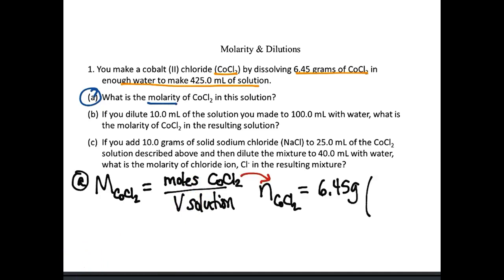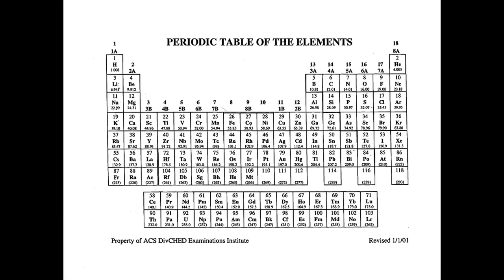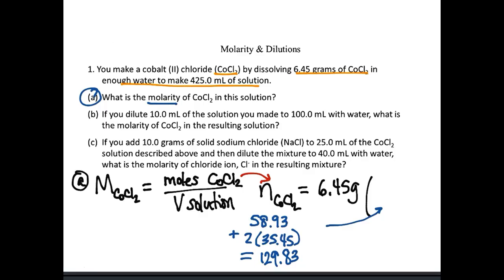So to get moles, the abbreviation for moles is lowercase n, so moles of cobalt chloride. If we want to calculate that, we take the mass of cobalt chloride and divide by the molecular weight. Molecular weight is cobalt, 58.93, plus 35.45 times 2, and that gives me 129.83 grams per mole.